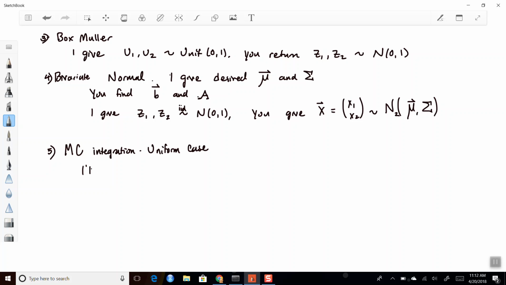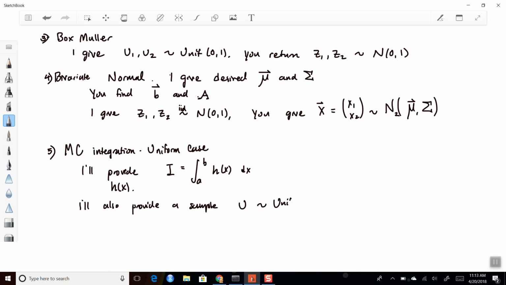I'll provide some integral, so I'll provide the h of x, and I'll also provide a sample of u drawn from uniform 0, 1, or in this case uniform A to B. And then you return estimates, either h bar n or I hat.